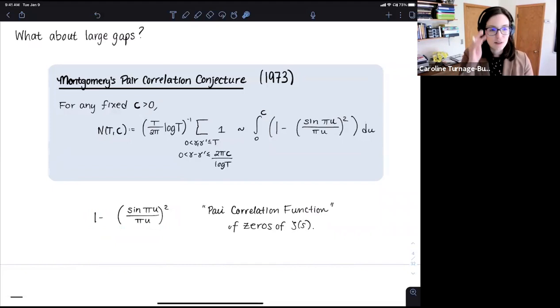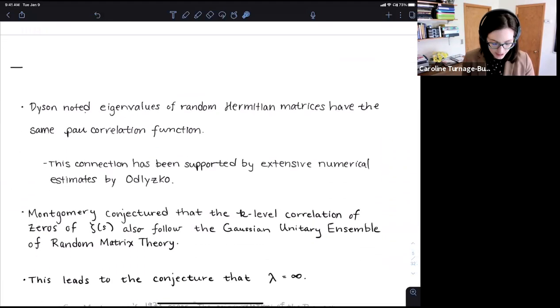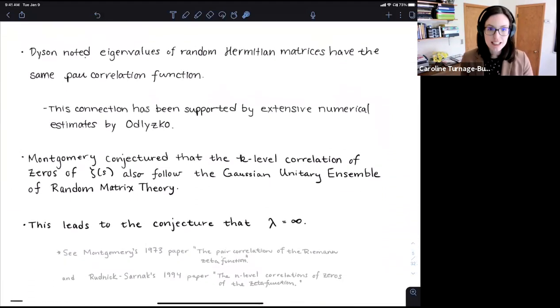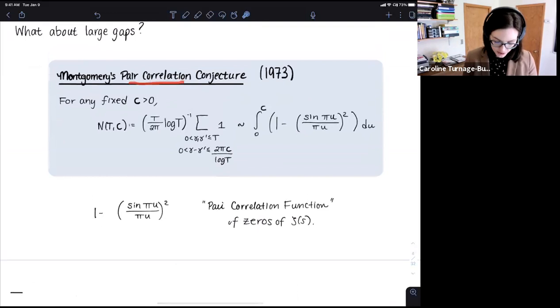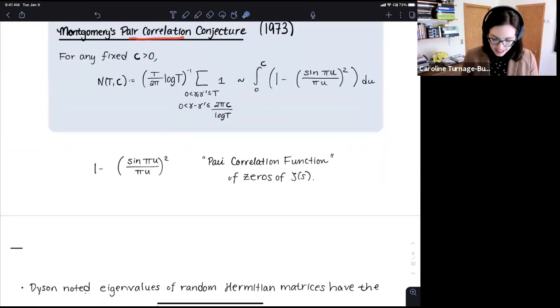And I would be remiss not to tell the story about where this conjecture came from. So the story is, in short, why you should never skip tea. Montgomery was at the Institute working on the pair correlation of the zeros of the zeta function, and he kept arriving at this pair correlation function.